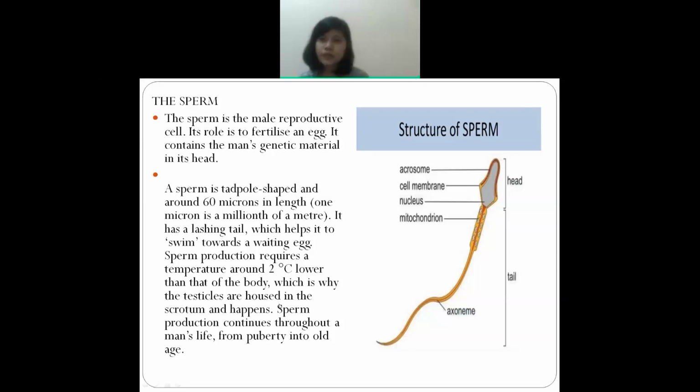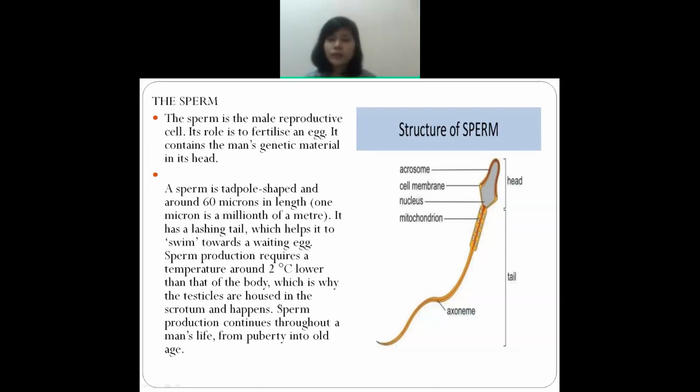The sperm is the male reproductive cell. And what is the function of the sperm? The function of the sperm is that it helps in fertilizing the egg. You remember, in the menstrual cycle, we studied about the reproductive system of the female.